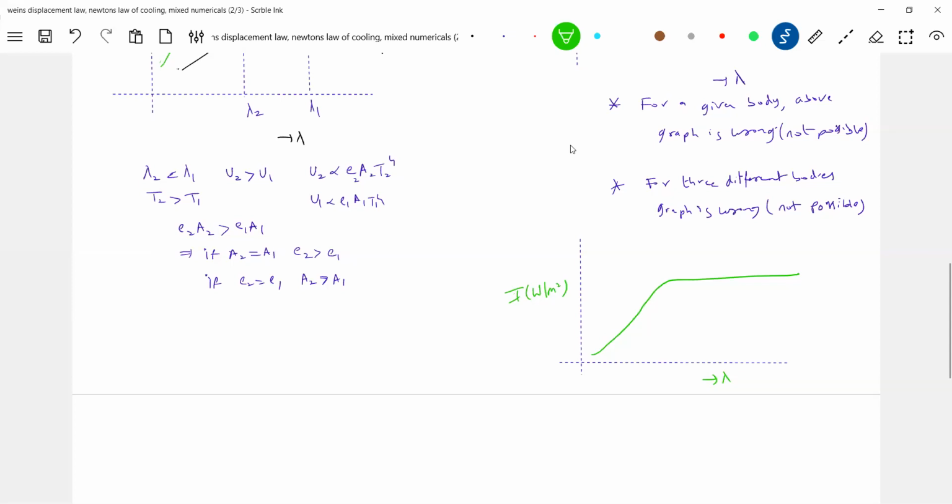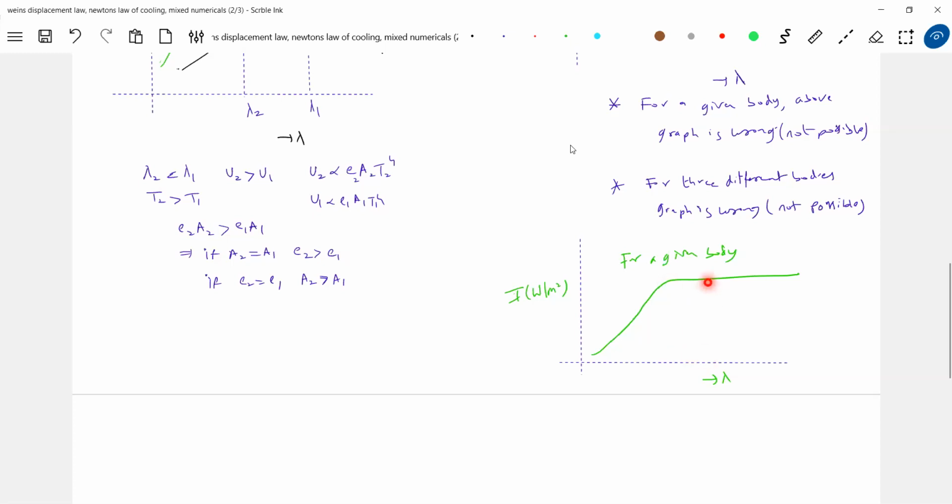Is this possible for a given body, a curve like this? The intensity should be maximum only for one wavelength. What about here? The intensity is maximum for several wavelengths. Not possible, this is wrong. A dominant wavelength will be there.